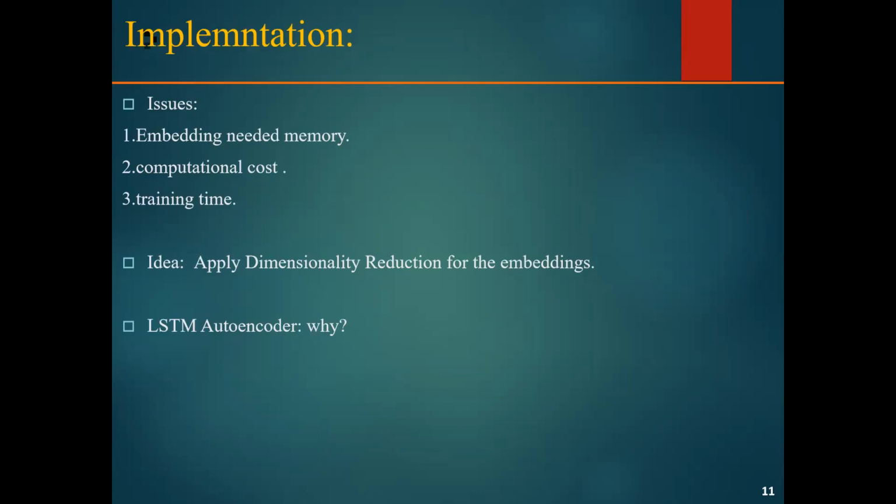So why do I use the autoencoder? The autoencoder is famous for dimension reduction. It is also used a lot for information retrieval, because it has good performance on it. And our problem is similar to information retrieval.